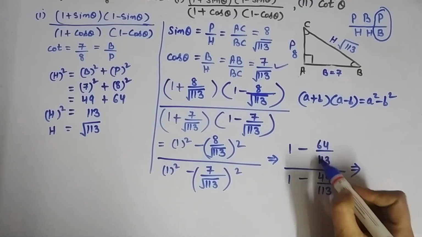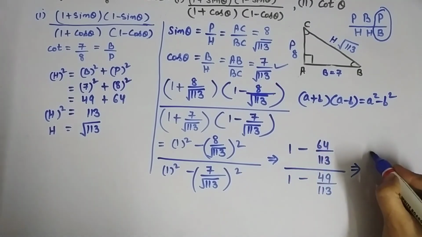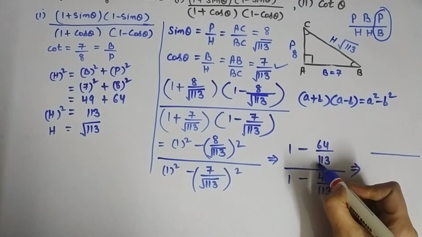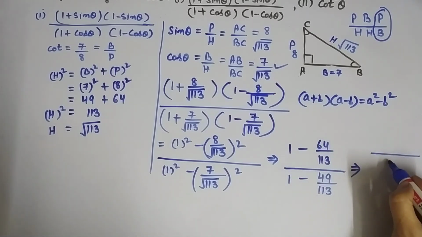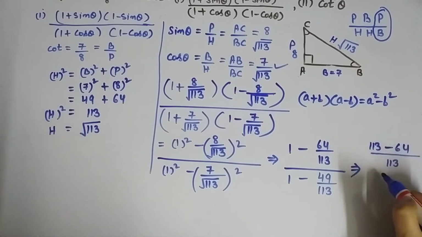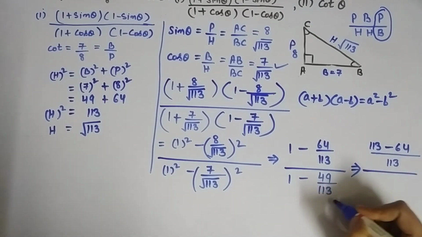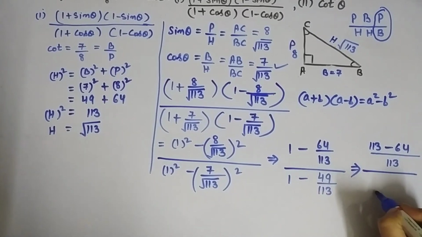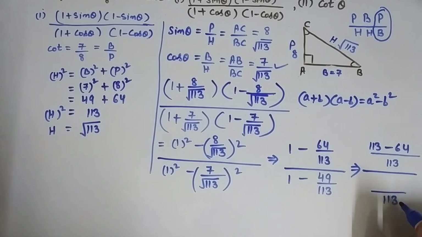In the upper part, by taking LCM we have 113 minus 64 over 113. Similarly in the lower part, by taking LCM we have 113 minus 49 over 113.